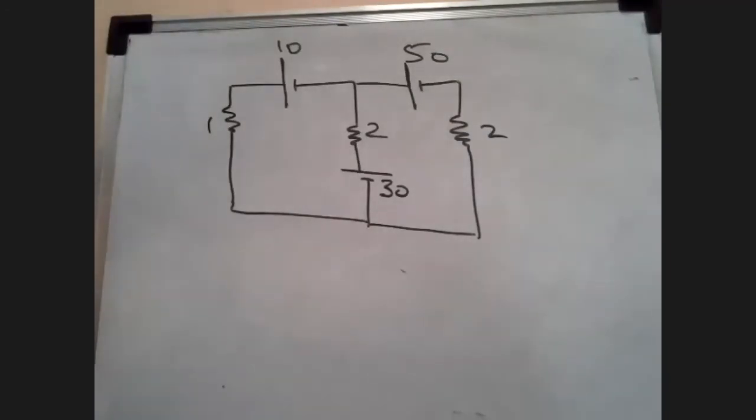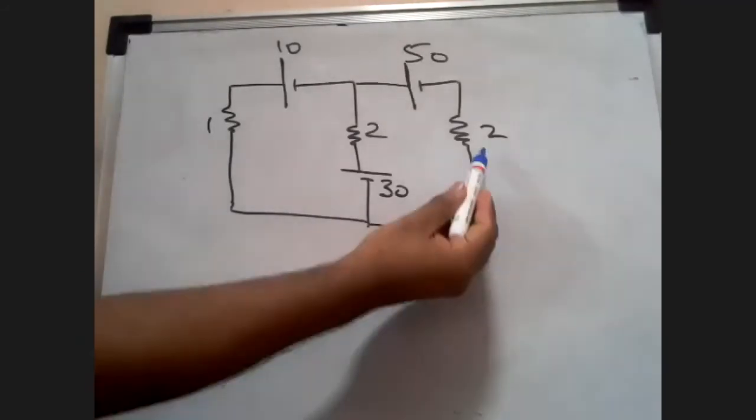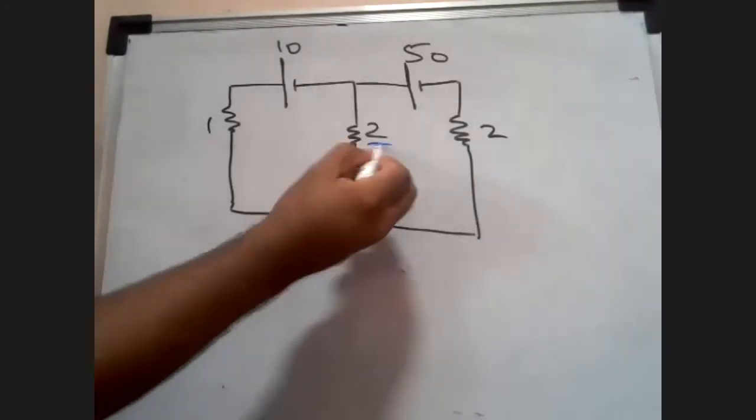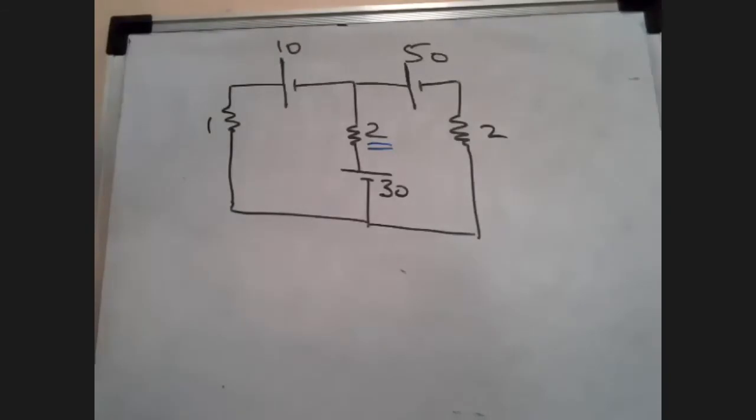Find out the current through this 2 ohms resistor. Please, not this one. This one, I'm saying 2 ohms here, right here. Find out the current through that.